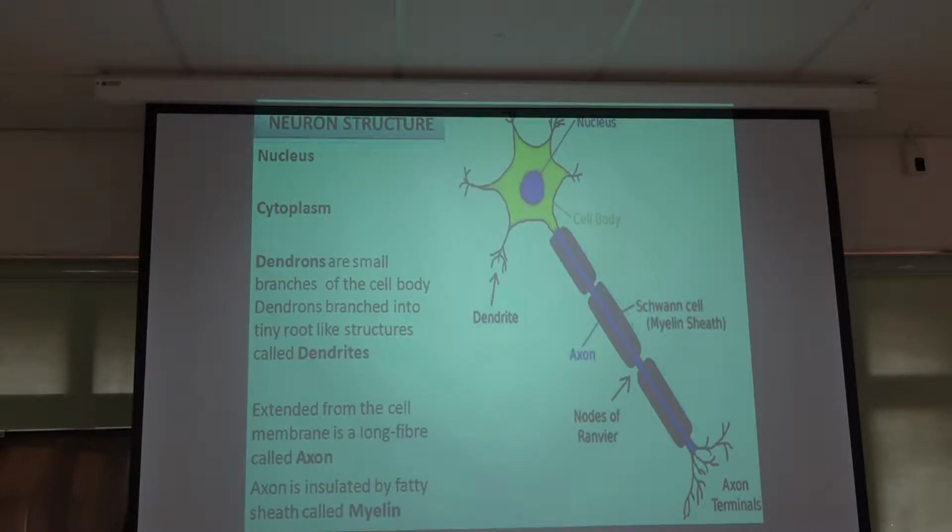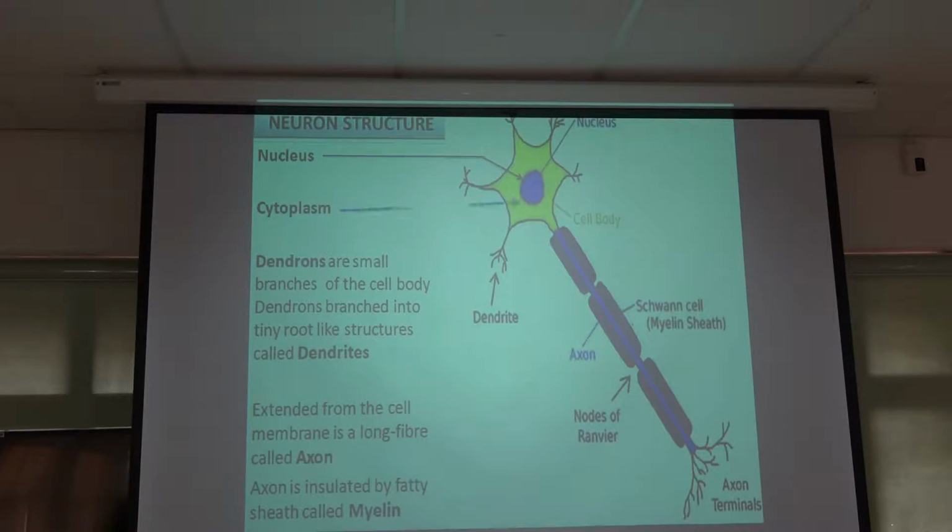Now let us see this diagrammatic representation of the neuron structure. So I'm going to look into each particular part of the neuron. To start with, we have a structure of a neuron which is representing a nucleus. The central part of that structure is the nucleus, which is the normal genetic material like any other cell.